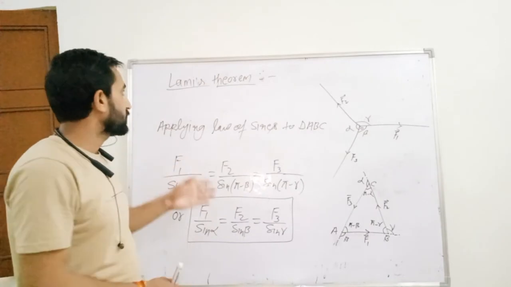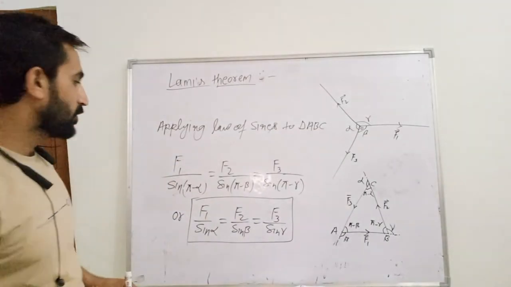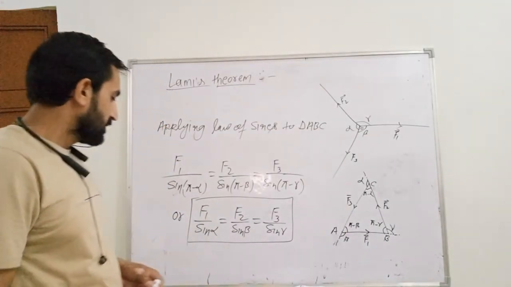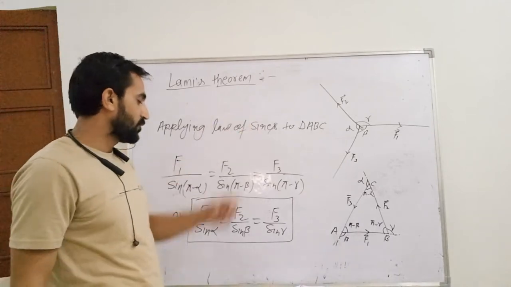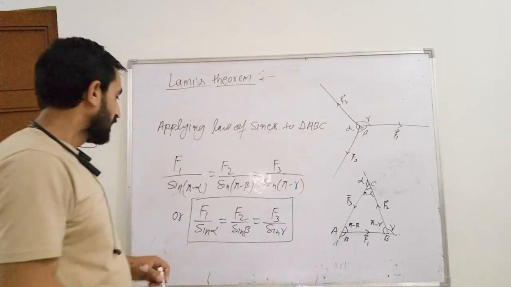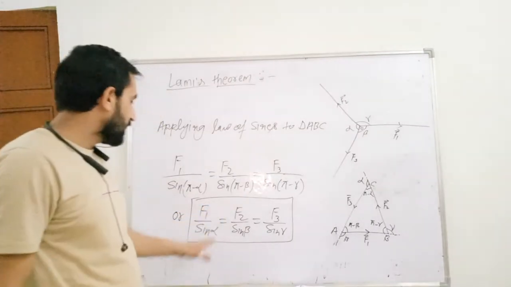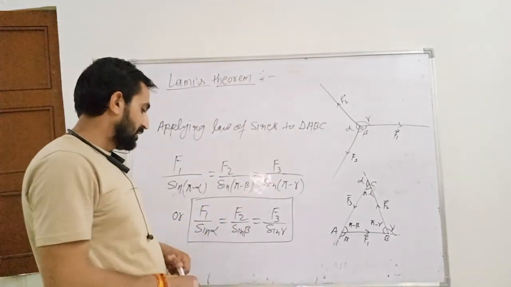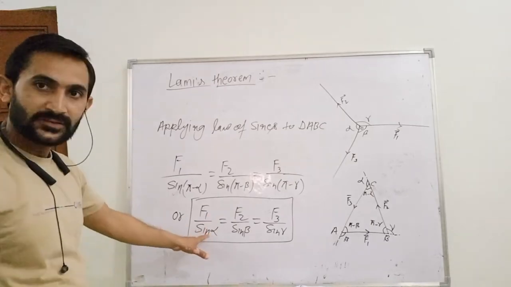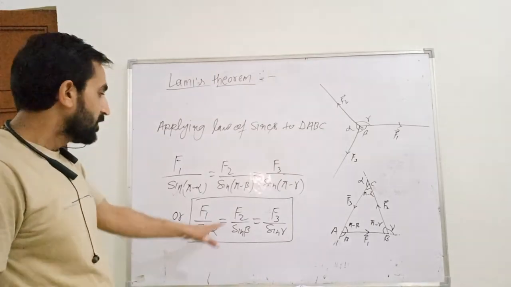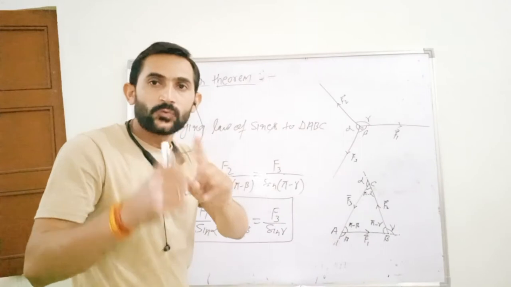Now what does Lami's theorem say? Lami's theorem says that when these three forces are in equilibrium, then each force is directly proportional to the sine of the angle between the other two forces.